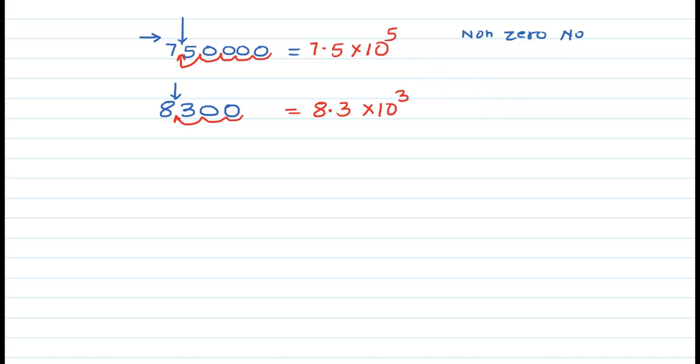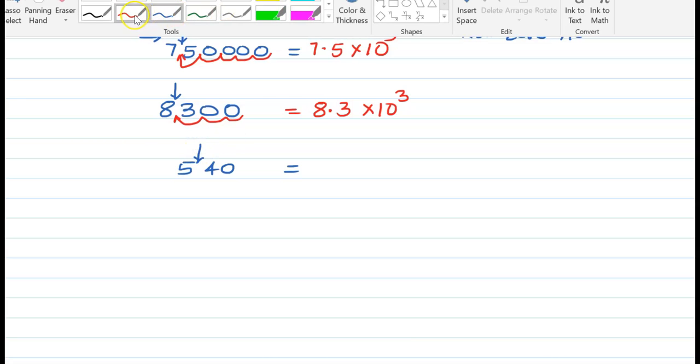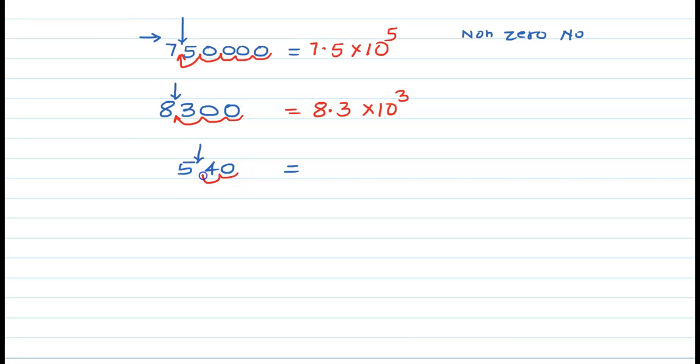I'll give you more examples. See, if there are two numbers only, 540. So at the first non-zero number you put an arrow here and start counting backward. So 1 and 2. So you can write down 5.4 into 10 to the power 2.